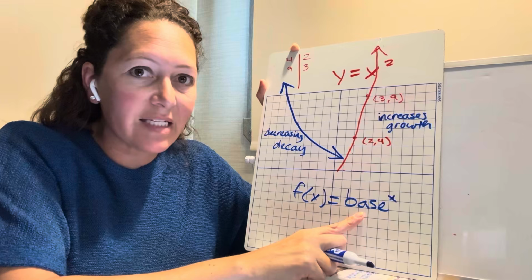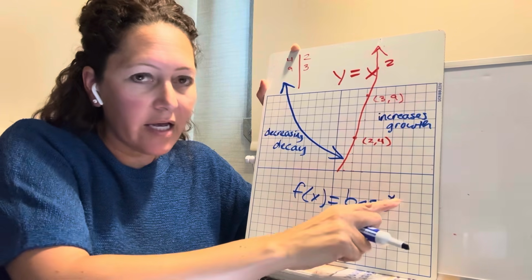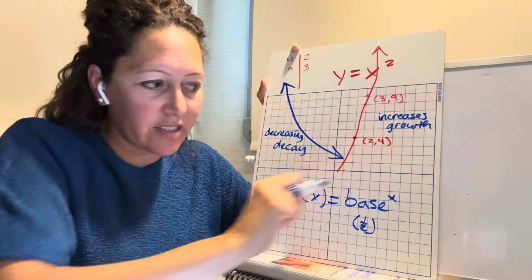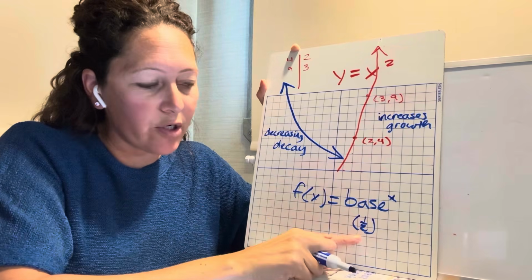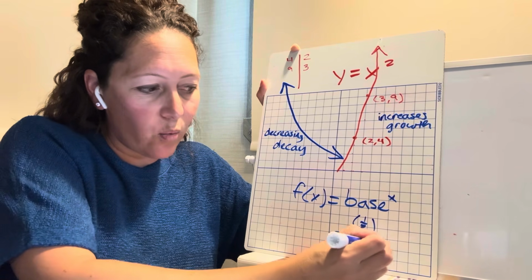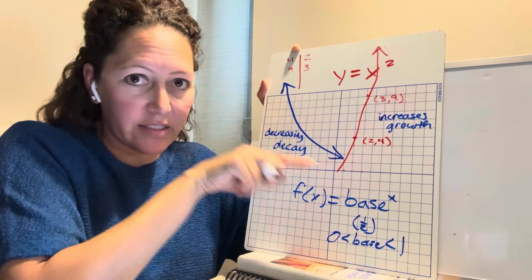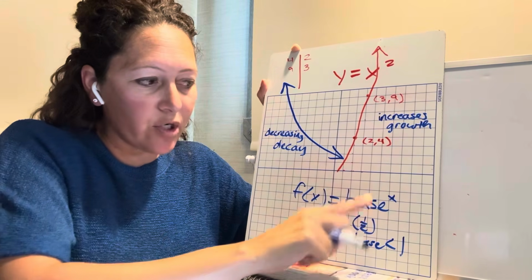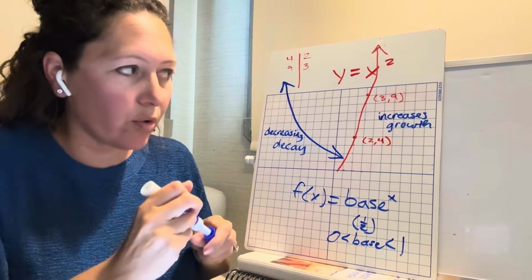But if your base is a fractional amount, say that your base is 1/2, and you can still have values in here for the exponent, you're going to see a decreasing or a decay. So when your base is between 0 and 1, you will have the decrease or the decay. And when your base is greater than 1, you will see the increase or the growth.